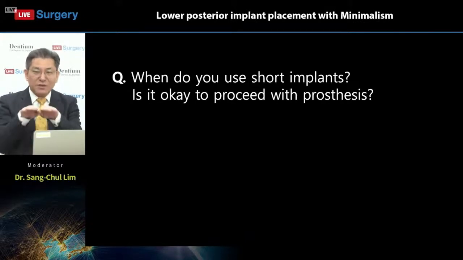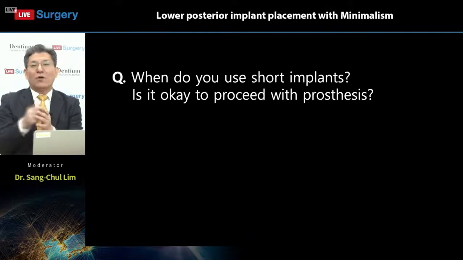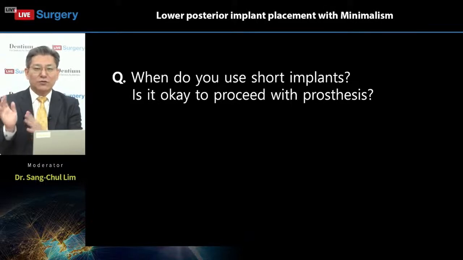And number 2, splint them to each other. Two short implants splinted with a superstructure is a better condition, a better option for you. First, avoid solitary implantation with a short implant. Number 2, if you can, insert more than 2 and splint them, right? This is the key to using short implants for your patient.